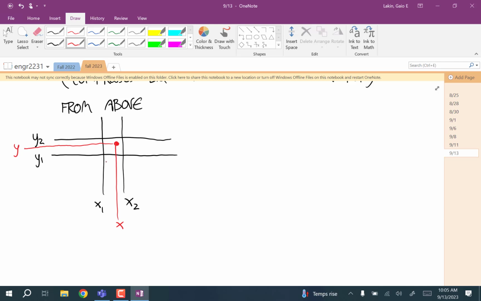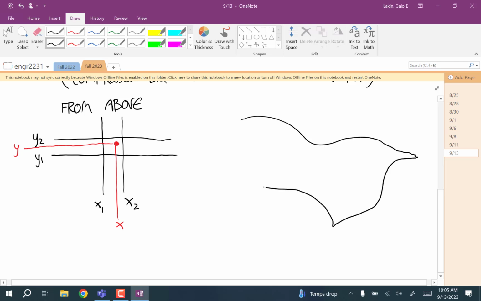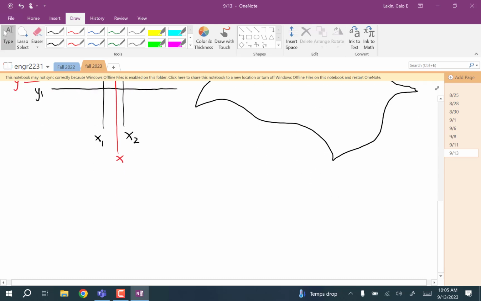So from the side, you'd have a surface like that. Underneath, you would have your values like this.